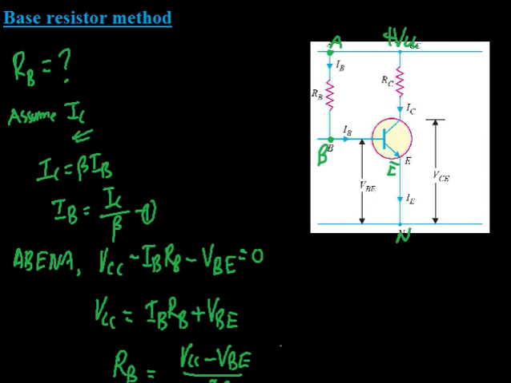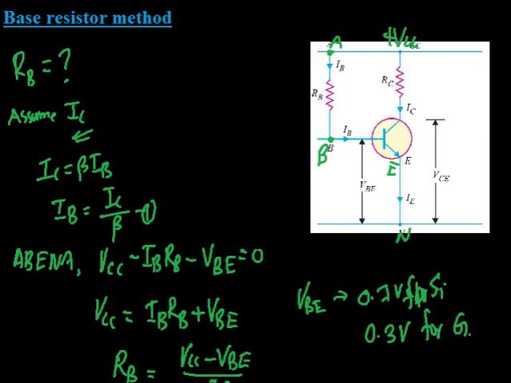The value of VCC is known to us because it is the voltage value of the voltage source connected in the circuit, and VBE is the base emitter voltage. We know that it is 0.7 volt for silicon and 0.3 volt for germanium. IB is obtained from equation number 1, IC by beta.